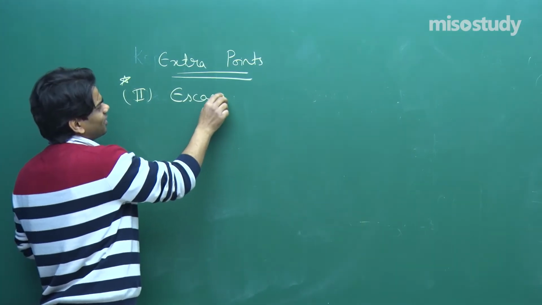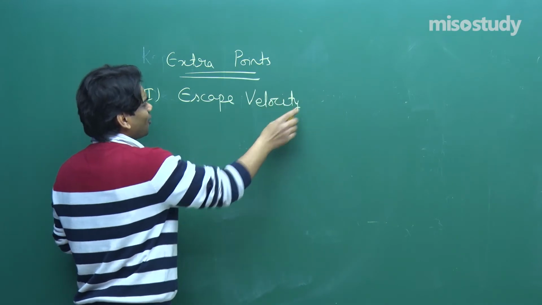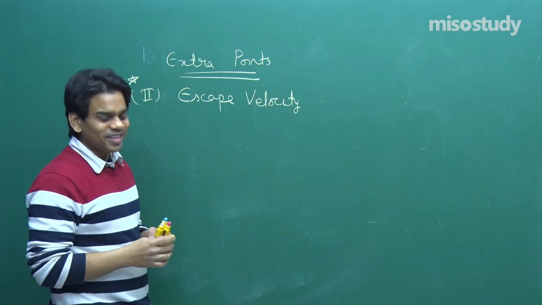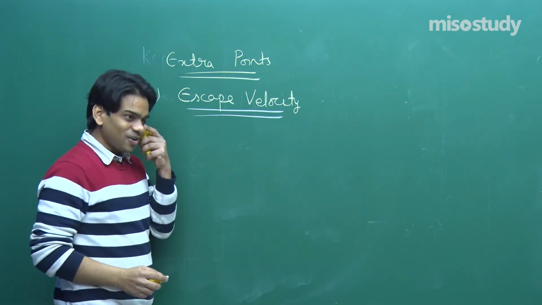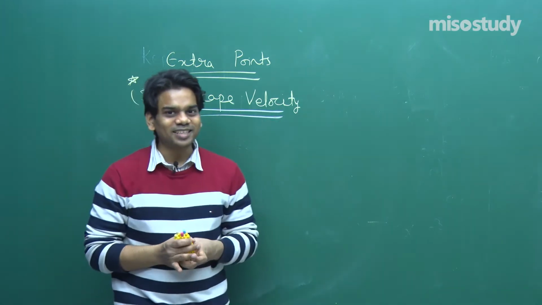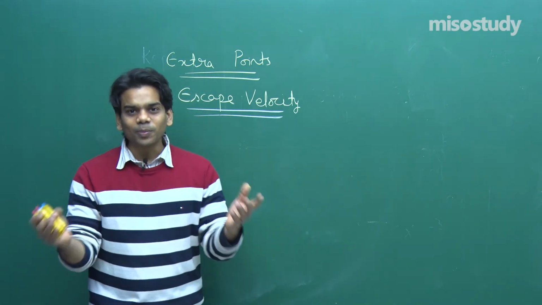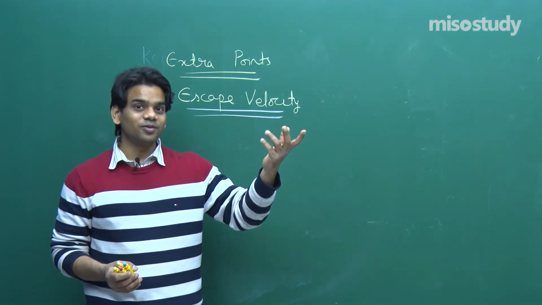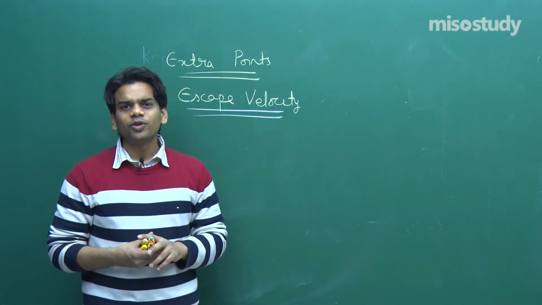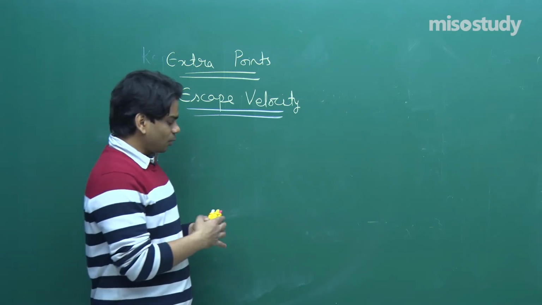Escape, I understand that whenever this word comes, you all think how can we escape from learning and from school, from classes? How can we avoid it? But don't think like that. Actually, escape here is used in a different way. Any object on the surface of Earth, if it wants to be released from the surface of Earth, with what velocity are you going to project it so that it will never come back? What I mean to say, suppose this is the surface of Earth.